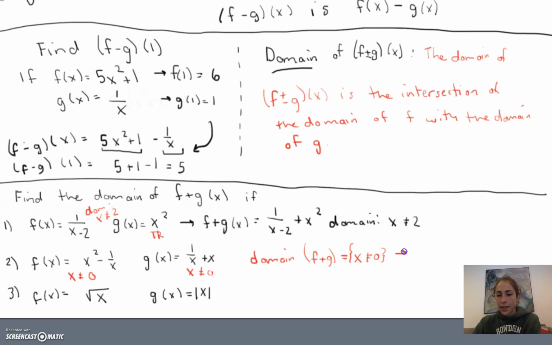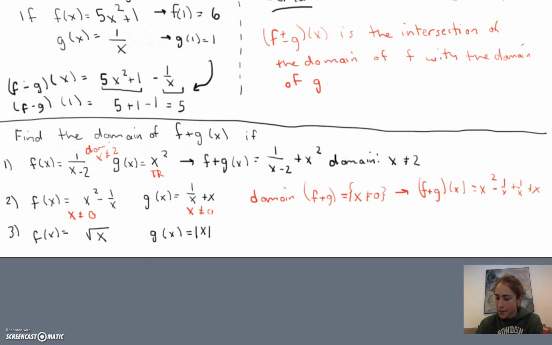But have a look at this. If we do f plus g of x, we get x squared minus 1 over x plus 1 over x plus x. Let's scroll down again. This function, the 1 over x cancels with the other 1 over x, so this function is just x squared plus x.